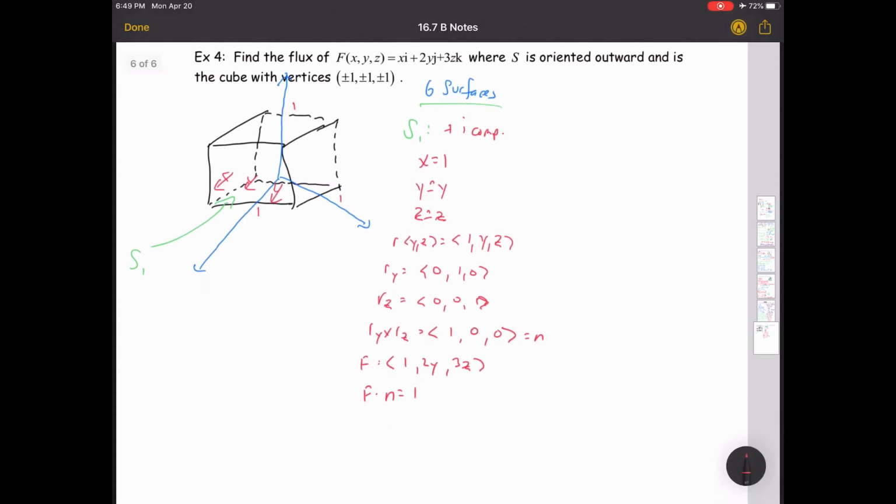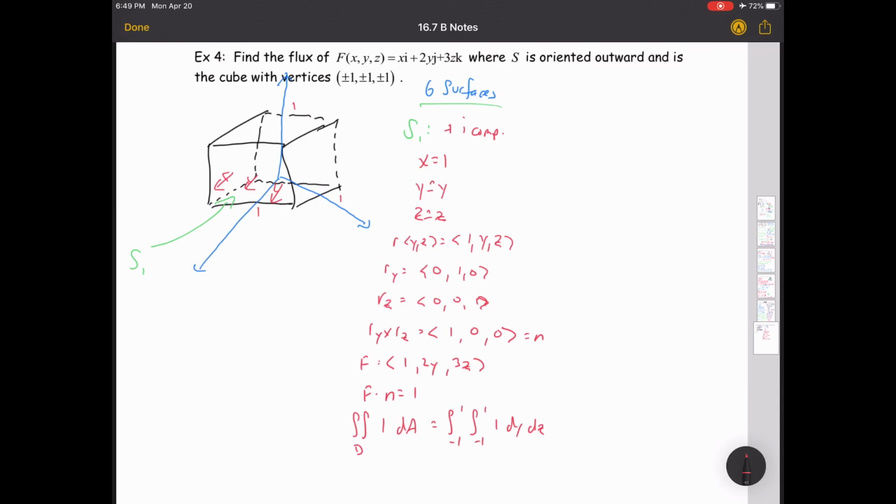If I was to take the double integral over D of 1 dA, well, that's just going to be the integral from -1 to 1, integral from -1 to 1 of 1 dy dz, because y and z both go from -1 to 1.